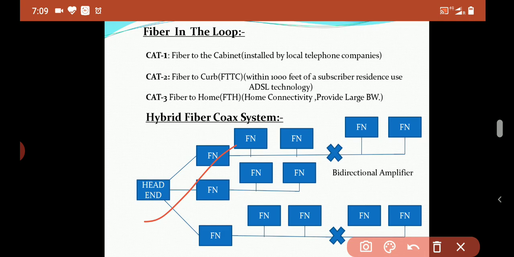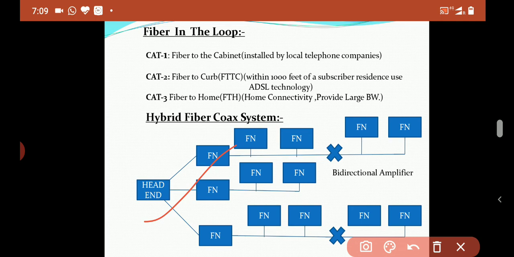Using this diagram, we can conclude that the coaxial cable portion of CATV systems is configured as tree and branch topologies, with all customers receiving the same multiple channel broadcast signal.